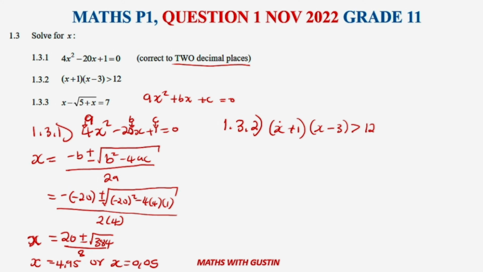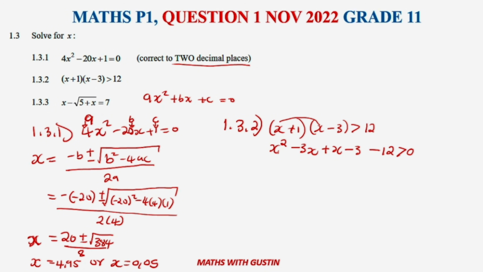Removing the bracket, binomial: x times x is x squared, then x times negative 3 is negative 3x, 1 times x is plus x, and 1 times negative 3 is negative 3. I'm going to take the 12 that side, so it's greater than 0.